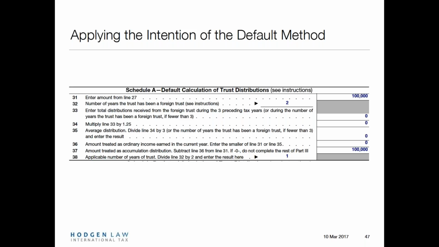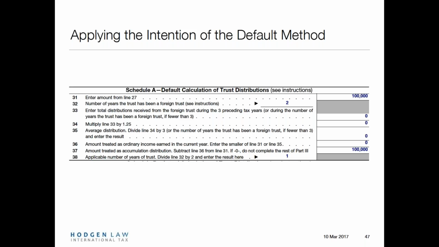And we move on. Line 34 is multiplied by 1.25, still 0. Average distribution, divide line 34 by 3, or the number of years that the trust has been a foreign trust. Well, again, I think that the parenthetical should really read, "or the number of preceding years the trust has been a foreign trust."